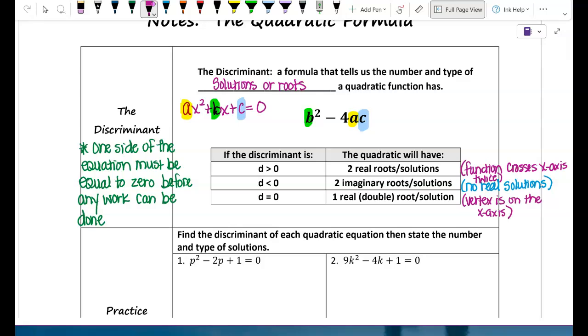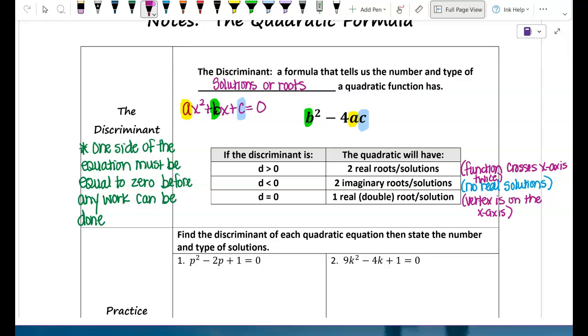So I need to understand what each of those values are telling me, besides telling me if I have one real solution, two real solutions, or no real solutions. What does that mean in context? Two real solutions means my function crosses the x-axis twice.